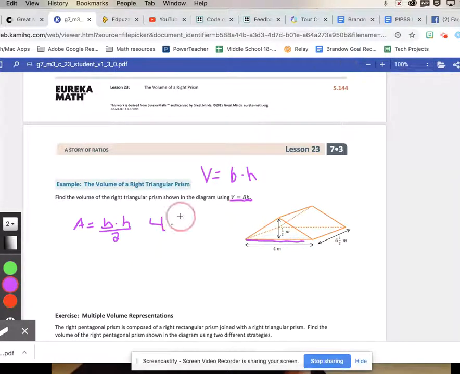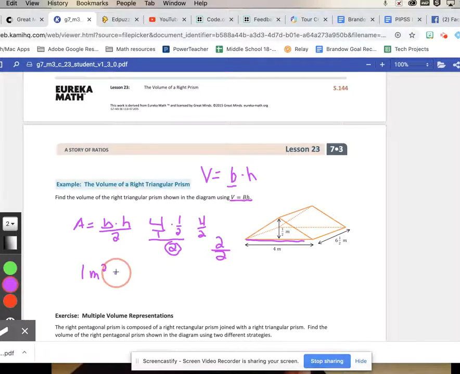So 4 times 1/2, and then I have to divide that by 2. So 4 times 1 is 4. 2 times 1 is 2. 4 divided by 2 is 2. And then I have to divide that by 2. So 2 divided by 2 is 1 meter squared. That's the area of the base.